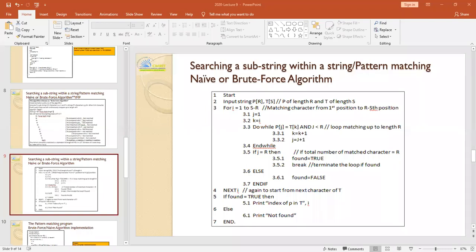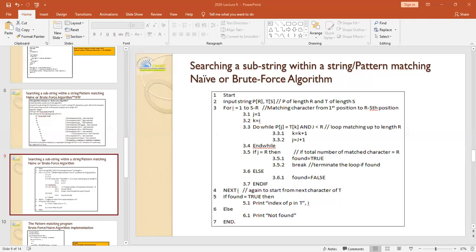Can anybody tell when we increment both the pattern and the string? We increment both the pattern and string only when the first character matches.